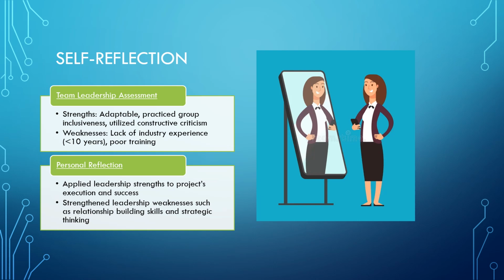I also used the opportunity to strengthen my weaknesses, such as relationship building skills and strategic thinking. These opportunities in the project included conflict resolution. I used conflict resolution as a way to build my relationship skills through collaboration and communication, as well as practicing empathy for my colleagues.